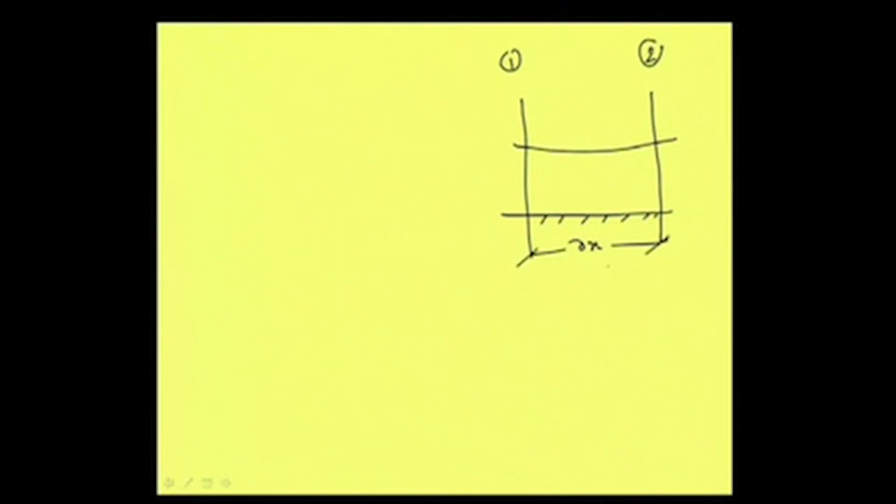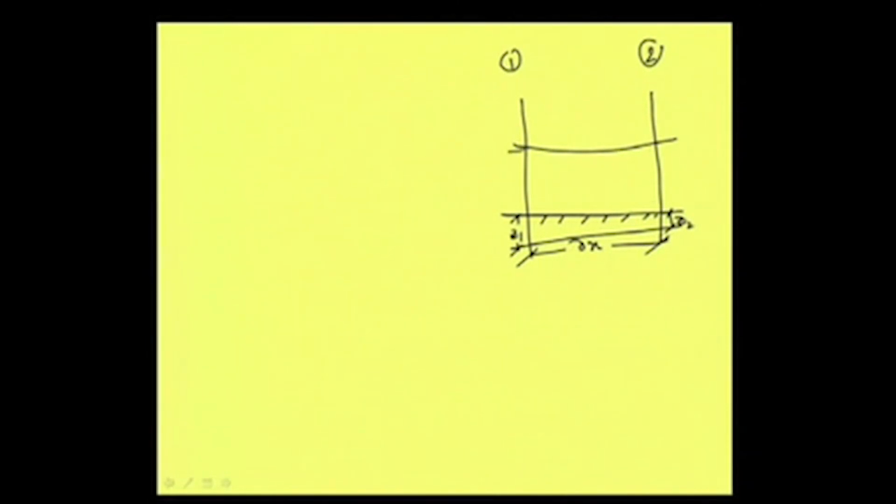So this depth is, say, Z1 and this depth is, say, Z2. That is the elevation head up to the bed.